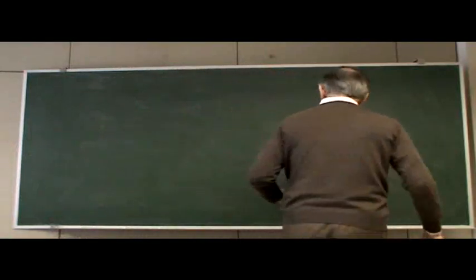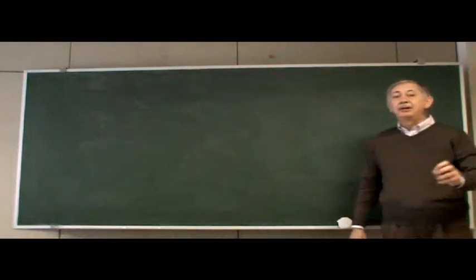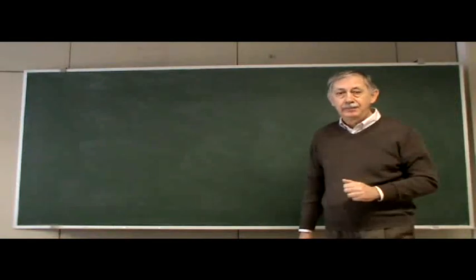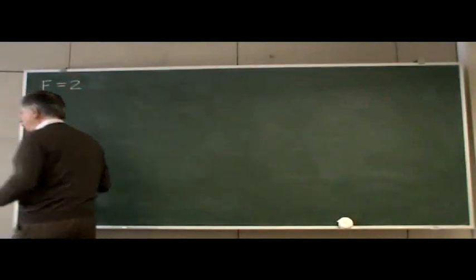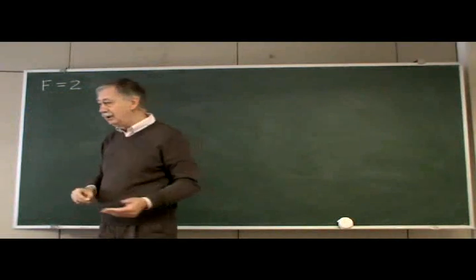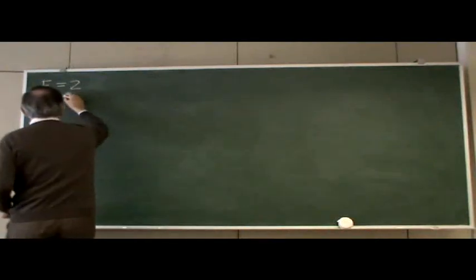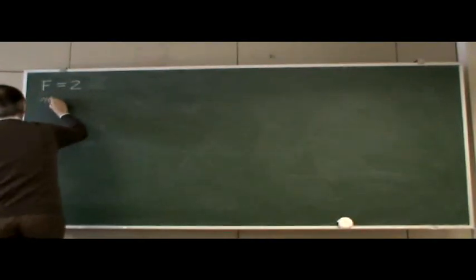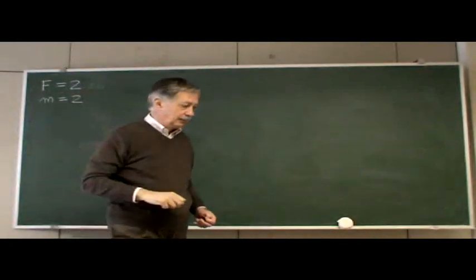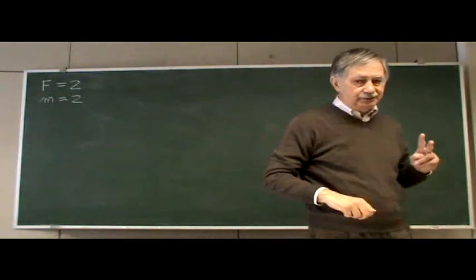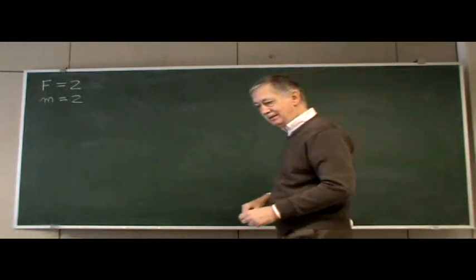Now, let us consider, to conclude, a particular case of a previous model in which both the number of goods which are produced and the number of production factors is equal to 2. 2 production factors and 2 products.